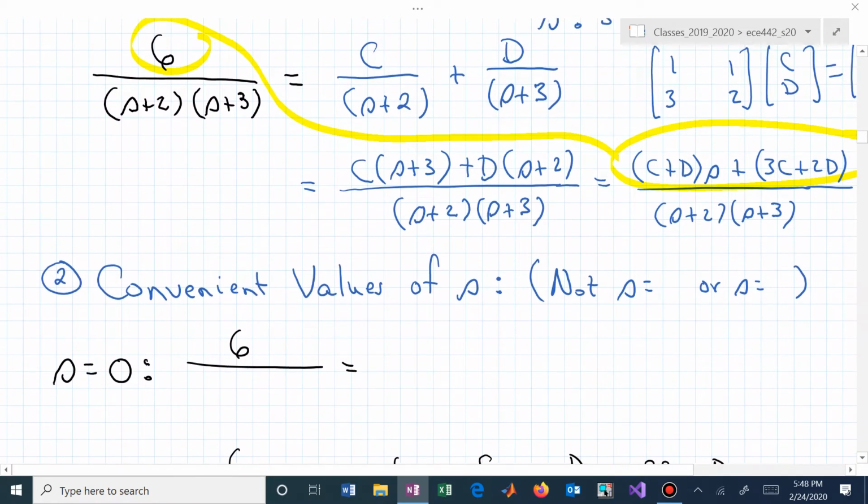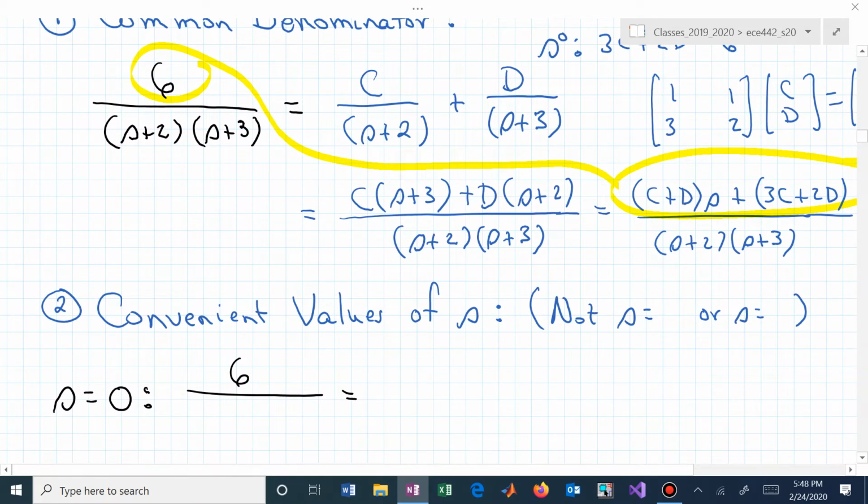Convenient values of s is another strategy. What makes for convenient values of s? What s values are not convenient, or what s values can you not use in this approach? You can't use the values of s that cause the denominator to vanish.